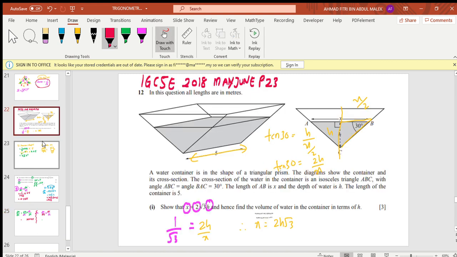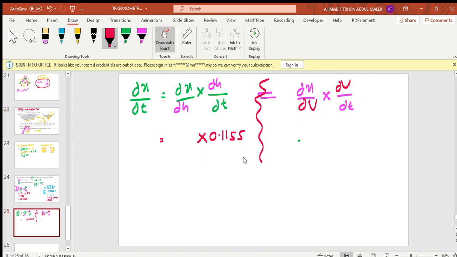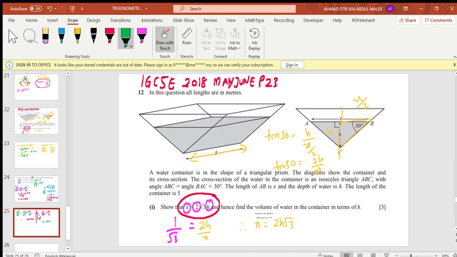Look at the information above. You look at x and h: x equals 2√3 h.